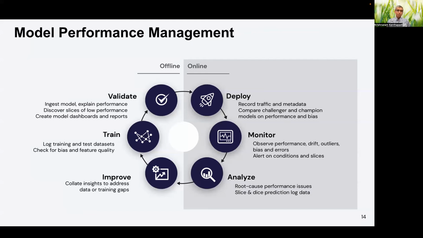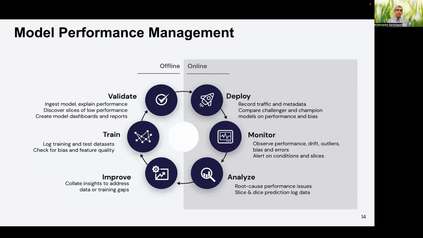And finally, we may want to monitor the model over time to detect whether the model is degrading in performance, degrading with respect to other dimensions like bias, explainability, adversarial robustness, and so forth. And together with all of this, once detected, we then want to understand what may be causing these issues and be able to come up with a way to fix those issues.